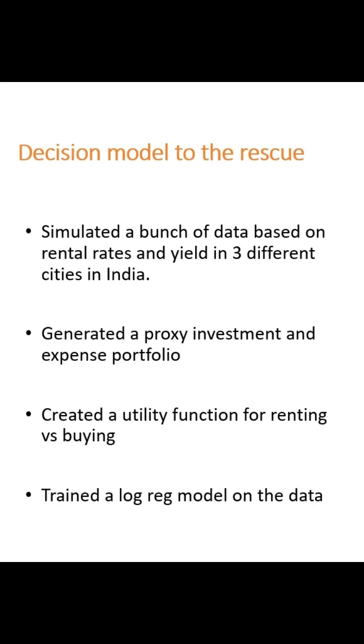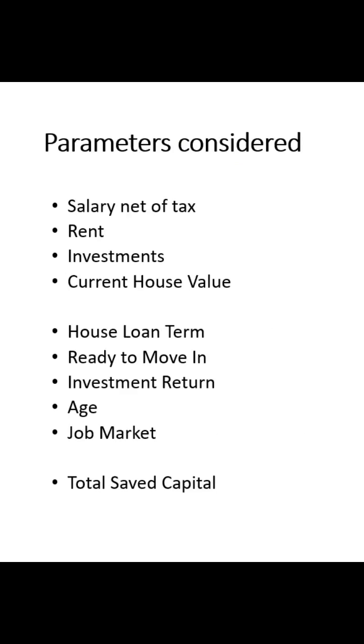So the parameters that I used in the model were salary net of taxes, rental rates, investment opportunities, and current house values that were available on the market, based on internet data.